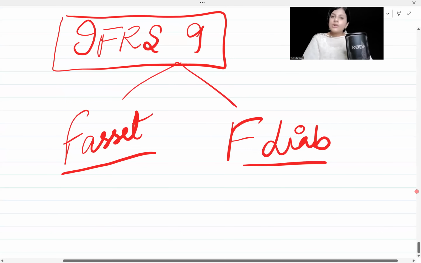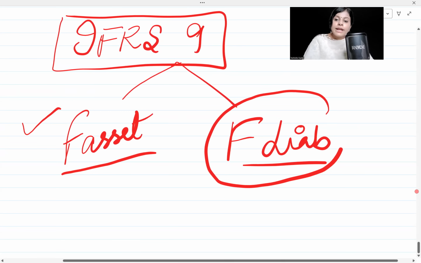What is a financial asset, financial liability? It's a contractual right to receive cash or any other financial asset. So you have a contractual right. You're going to receive it by contract. A financial liability is a contractual obligation that you're going to make a payment. So that's what IFRS 9 is based upon.